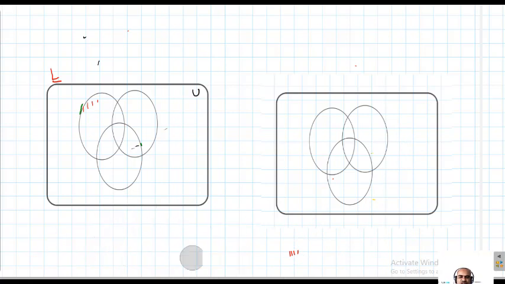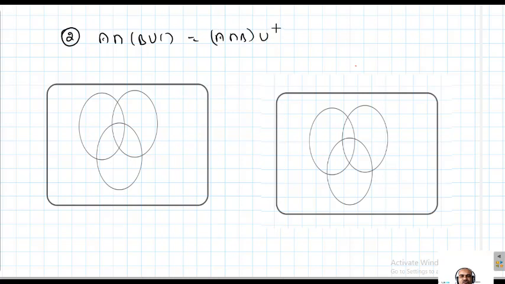The second one is A intersection of B union C equal to A intersection B union A intersection C. So here I want to take the LHS. This is the LHS, that is A intersection of B union C. This is the RHS, that is A intersection B union A intersection C.